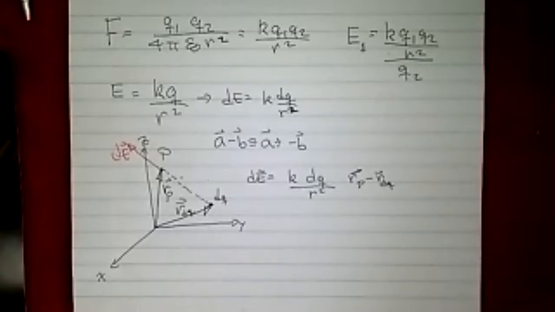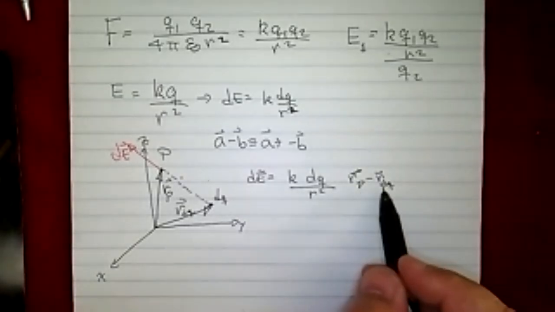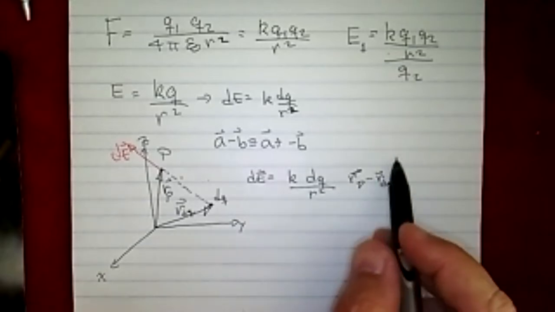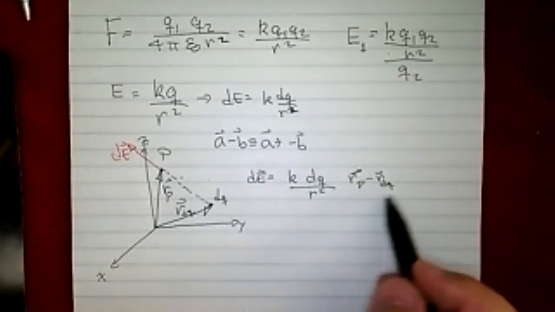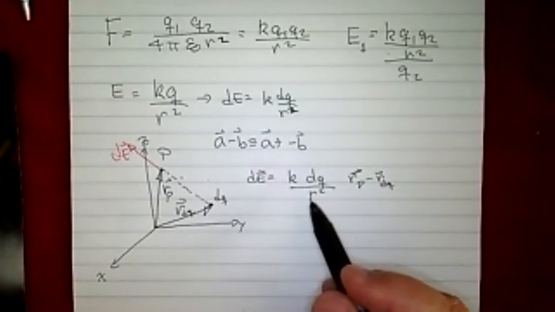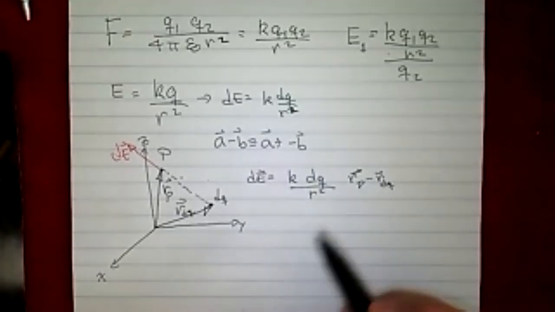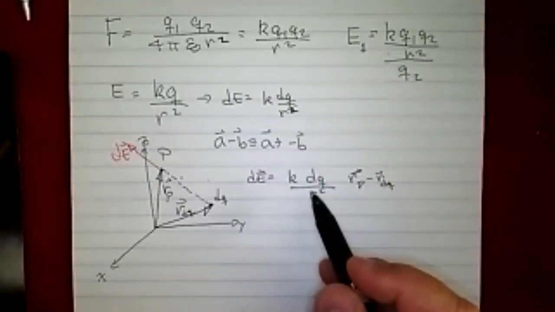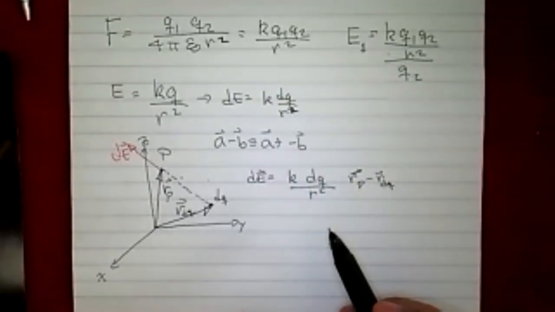If I multiply k dq over r squared, which is the right magnitude of dE, by the vector rP minus r dq, then I've actually increased the magnitude by the very magnitude of rP minus r dq. So that's a problem. But we also should look, does this rP minus r dq have anything to do with this r down here? In fact, it does. This r right here is in fact the magnitude of that.